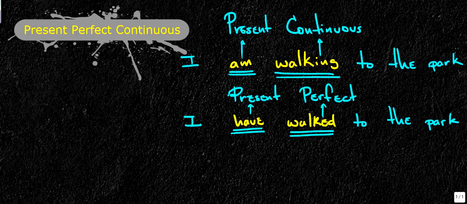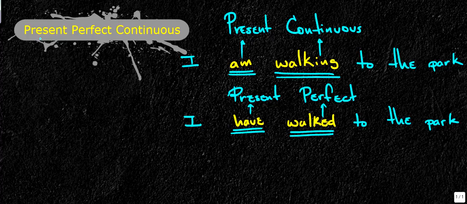So you see, present continuous, the first verb is in present, the second verb is in the continuous form or in the gerund form. Then we have present perfect. The first verb is in the simple present form, and the verb to walk over here in the perfect form or the past participle form. All right, so the name of the tense actually helps you understand the structure of the tense.